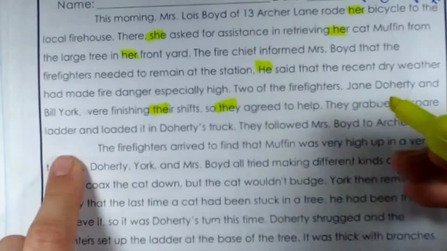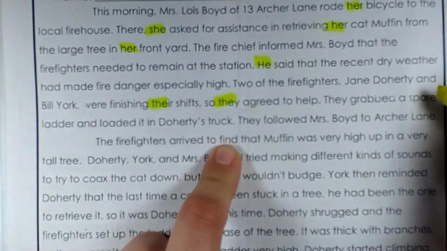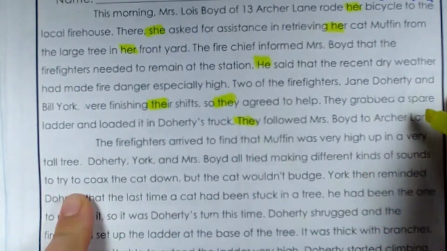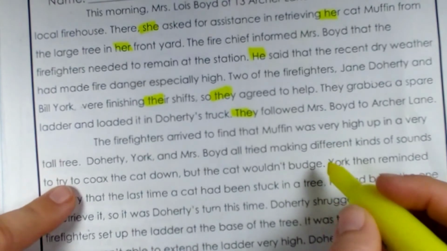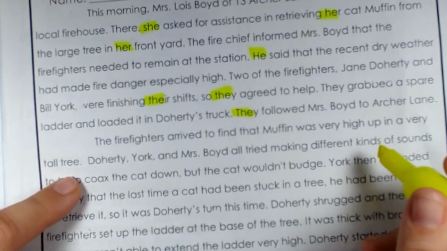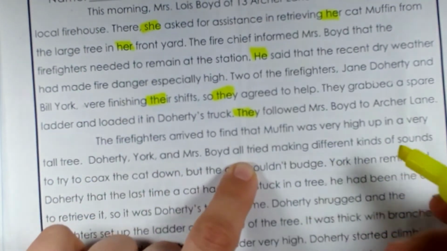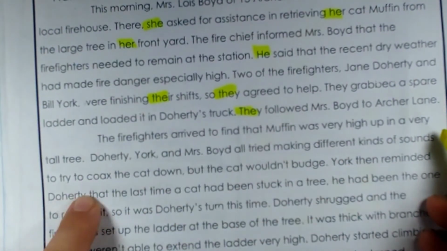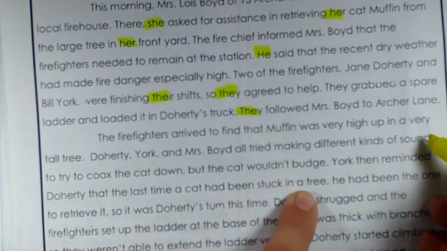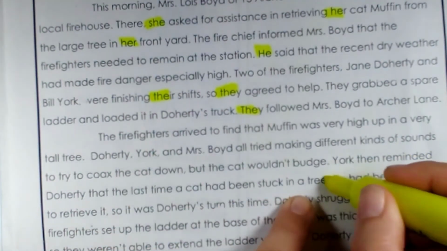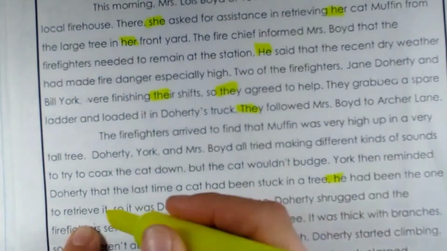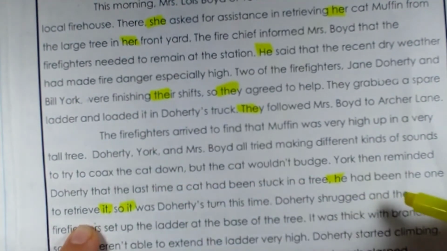They grabbed a spare ladder and loaded it in Doherty's truck. They followed Mrs. Boyd to Archer Lane. The firefighters arrived to find that Muffin was very high up in a very tall tree. Doherty, York, and Mrs. Boyd all tried making different kinds of sounds to try to coax the cat down, but the cat wouldn't budge. York then reminded Doherty that the last time a cat had been stuck in a tree, he had been the one to retrieve it. So it was Doherty's turn this time.